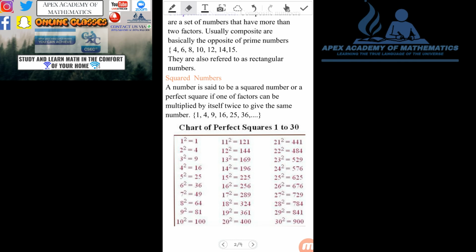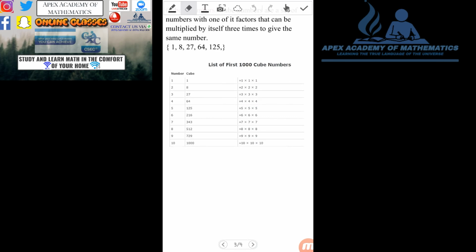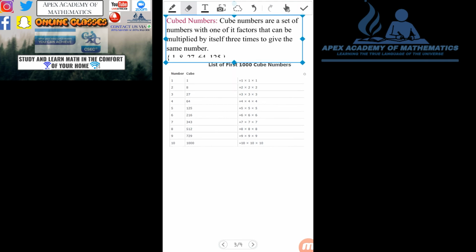All right, wonderful. Okay, so here we're going to be looking at cubed numbers. Cube numbers are basically numbers which also have one of its factors which, when multiplied by itself, this time 3 times, we're going to get the very same number.